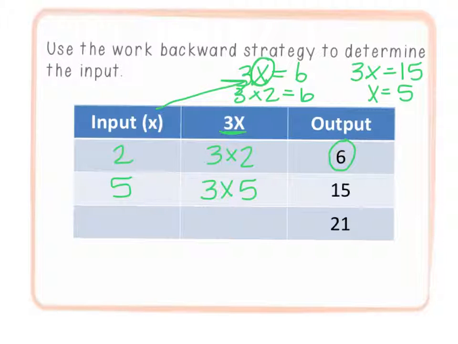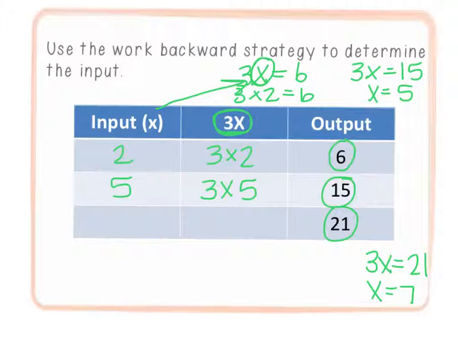Okay, I need to work backwards again for 21, so I'm going to do it down here. 3x, remember that's my rule, that's where I'm getting the 3x, equals 21. Simple math, x equals 7. I'm going to plug that in for my input and show my work. 3 times 7 gives me 21. And that's all you would do.